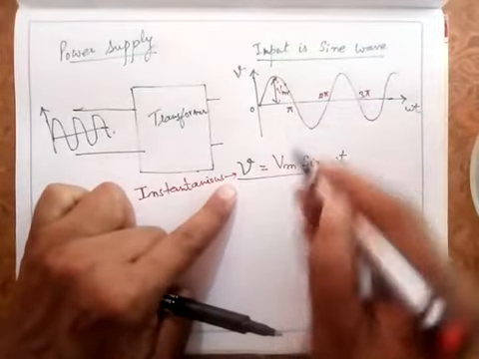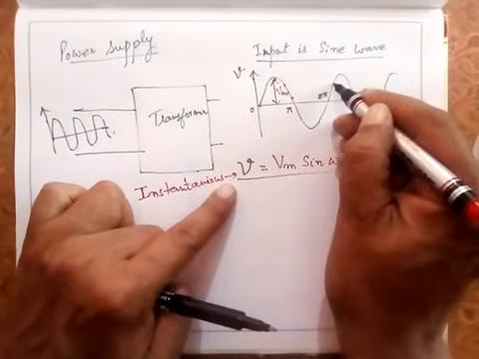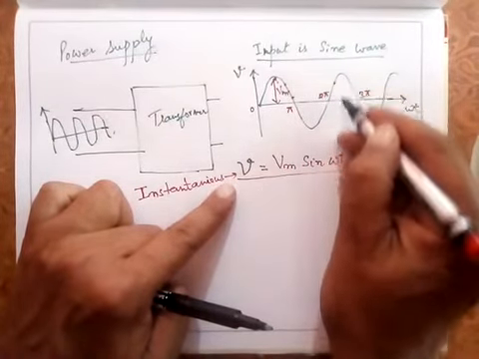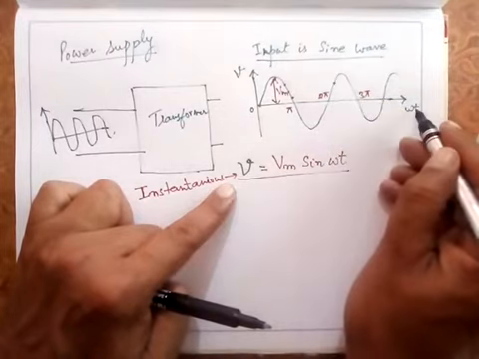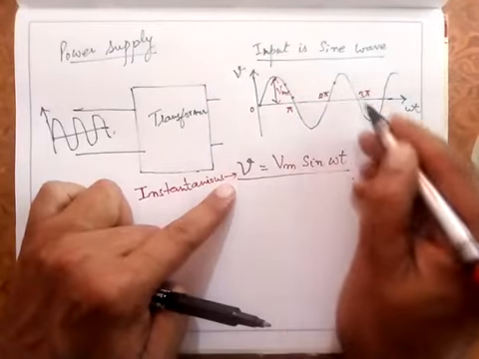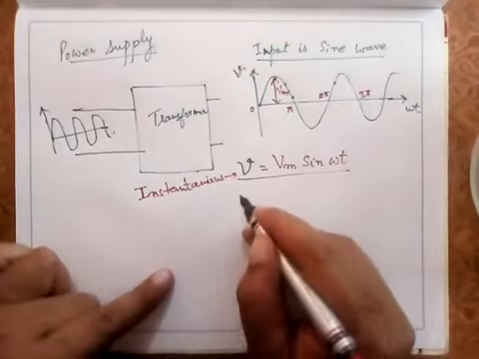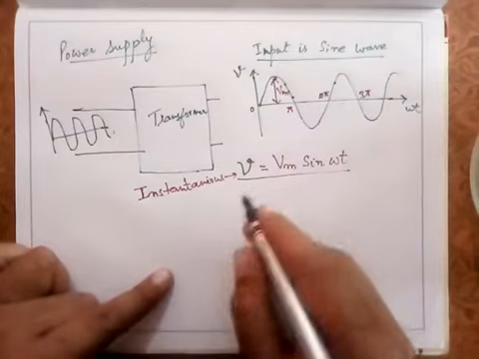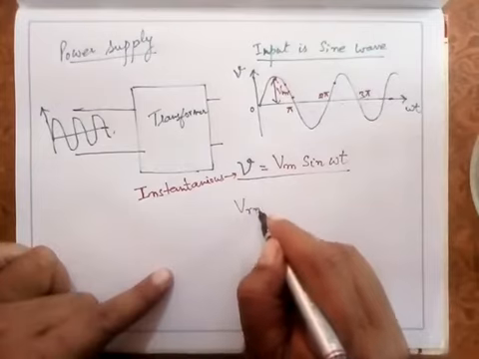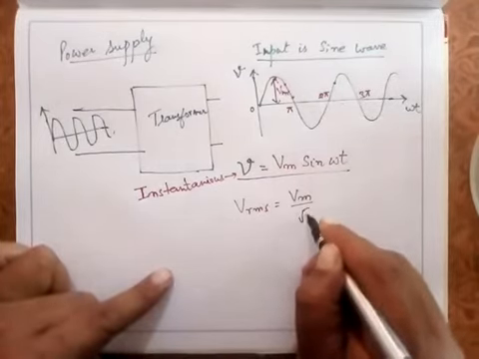Instantaneous value means the value at any instant. At this point, the value is Vm sine omega t, where omega t is equal to pi, 2 pi, or whatever the value is here. So it is a sinusoidal function which I assume here. And you must know that the RMS value of this sinusoidal signal, Vrms, is Vm upon root 2.